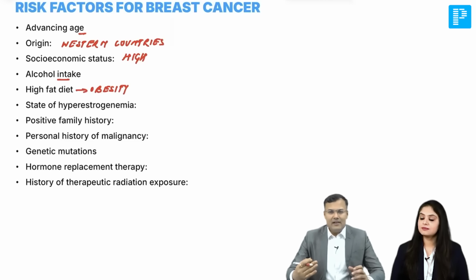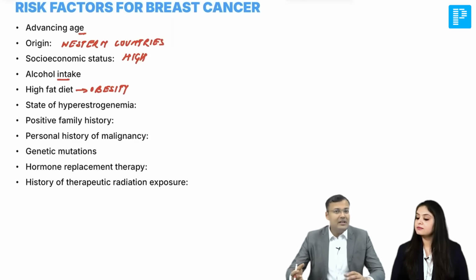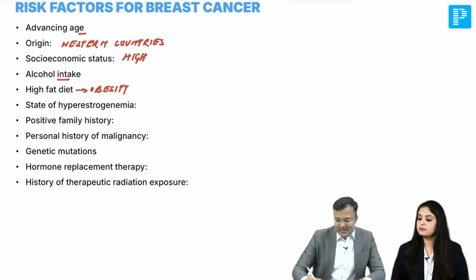Next, state of hyperestrogenemia. You know that estrogen has a positive effect on breast cancer cells, so a state of hyperestrogenemia is a risk factor. What are the states of hyperestrogenemia? Early menarche, late menopause, nulliparity, late first full-term pregnancy. So these are the states of hyperestrogenemia.